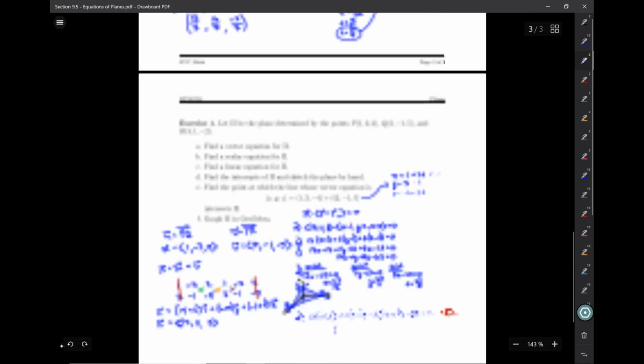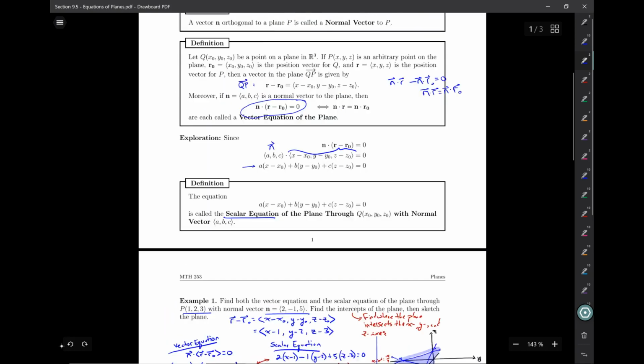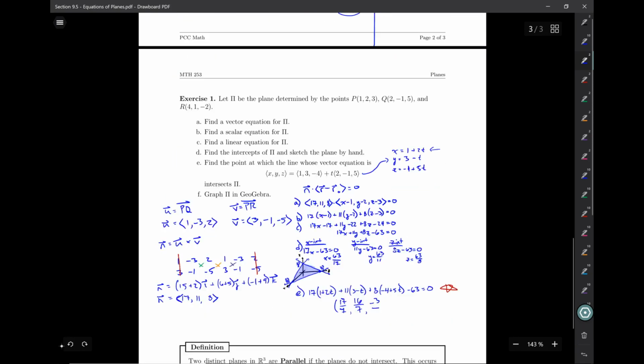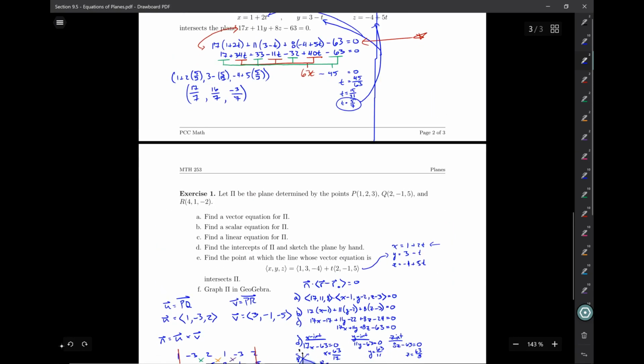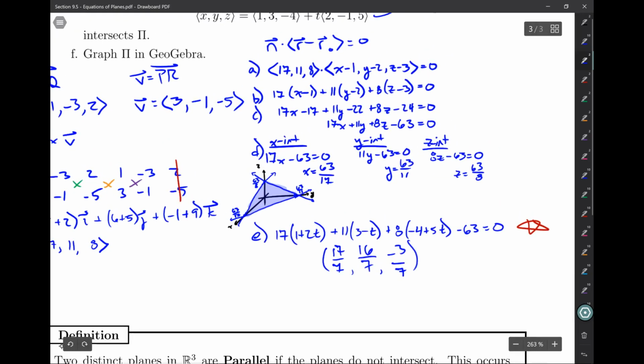What was it again? 17/7, 16/7, -3/7. And there we have it.